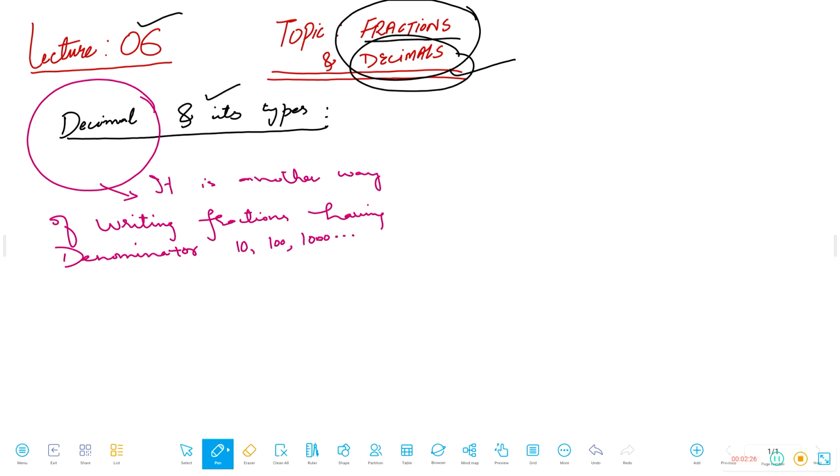Those fractions whose denominators contain 10, 100, 1000 and so on, that is the powers of 10: 10 raised to the power 1, 10 raised to the power 2, 10 raised to the power 3, 10 raised to the power 4 and so on. That is, the denominator should contain only 1 and 0s.